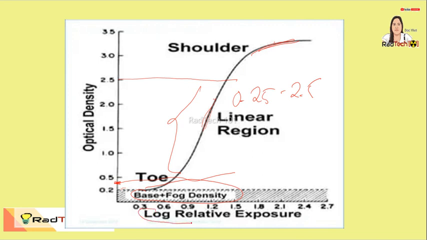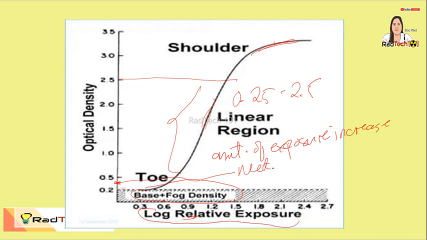We also have here the lag or the relative exposure. This refers to the amount of exposure increase that is needed. So again, the definition of this is the amount of exposure increase needed to cause a change in OD.